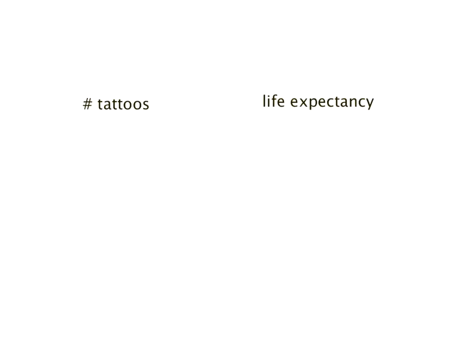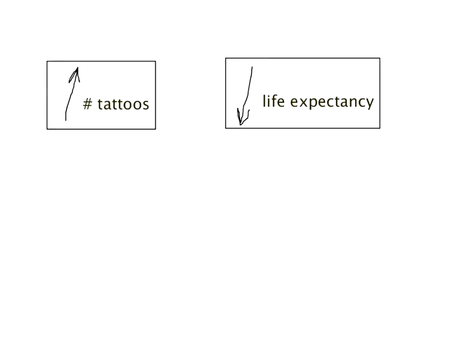Okay? As we have more and more and more tattoos, we tend to have a lower and lower and lower life expectancy. These are the two variables that we're looking for an association between, and the association we find is that. What kind of a correlation is that? More and more and more tattoos, lower and lower and lower life expectancy.